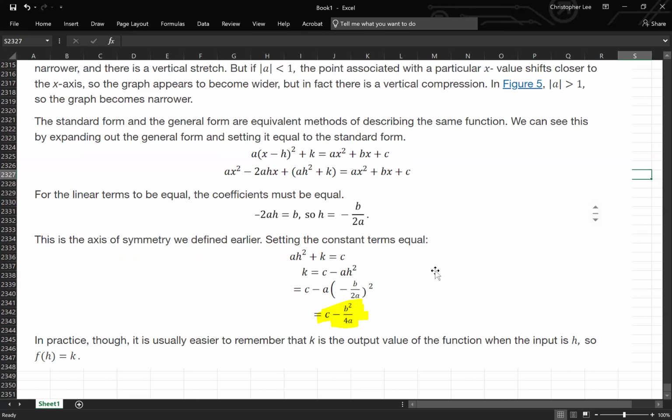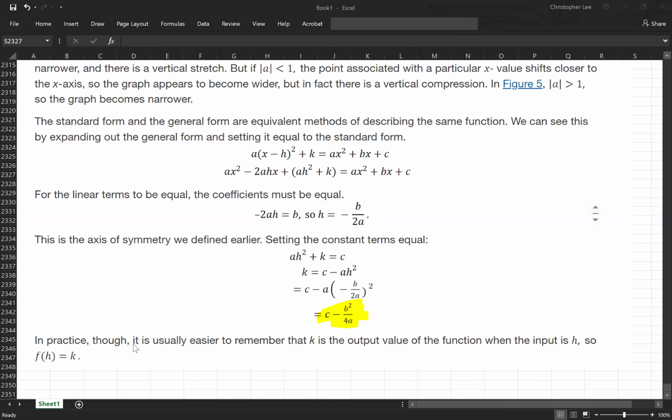In practice, though, it's usually easier to remember that k is the output value of the function when the input is h. So f of h is equal to k. All right. Don't need to memorize this, just going through the motions with you with this one.